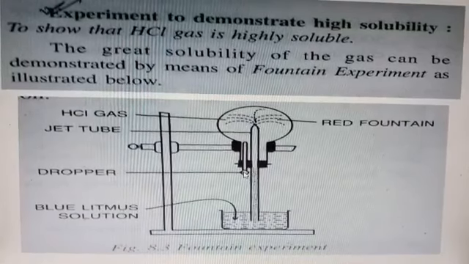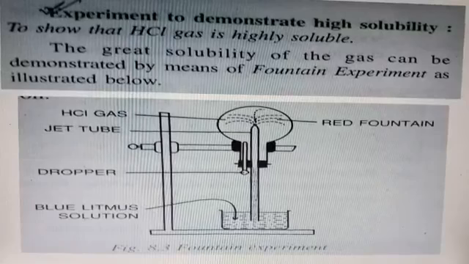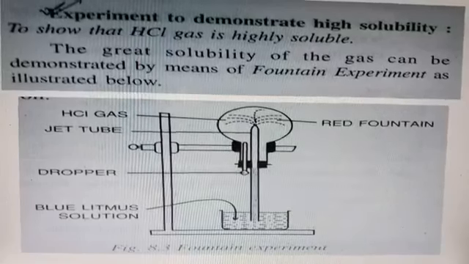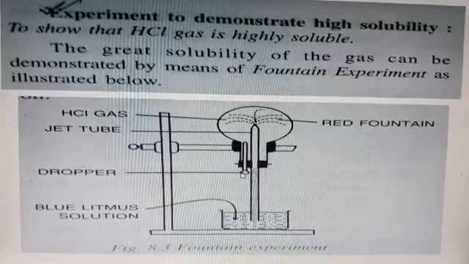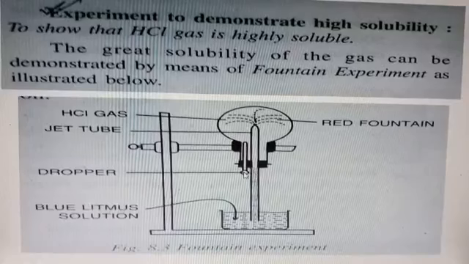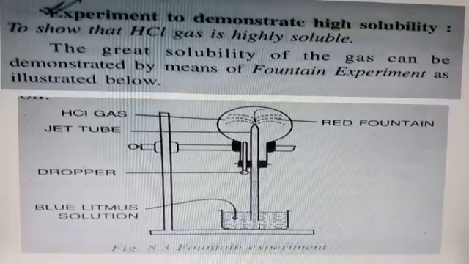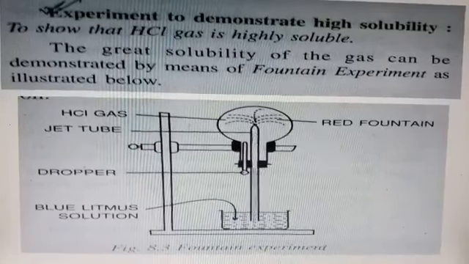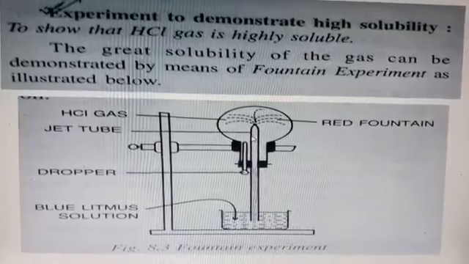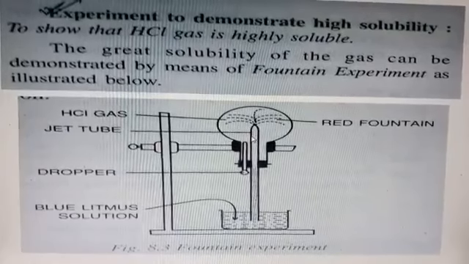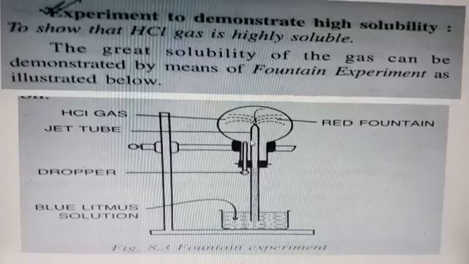It is seen that the blue litmus solution enters the jet tube. So what can be seen when you press this dropper? You can see that this blue litmus solution moves up, forming a fountain.